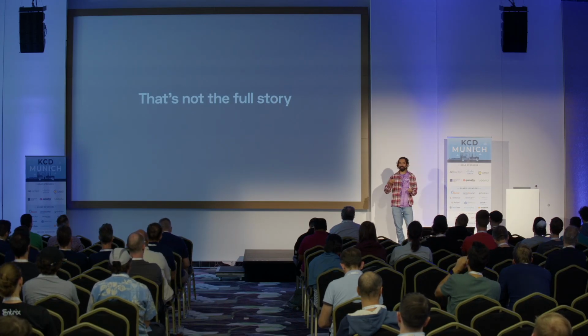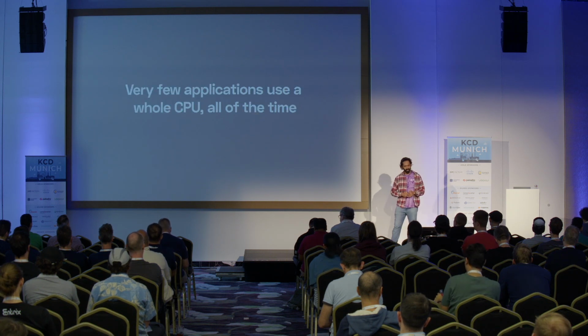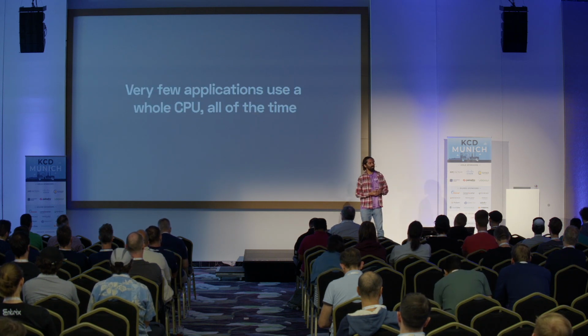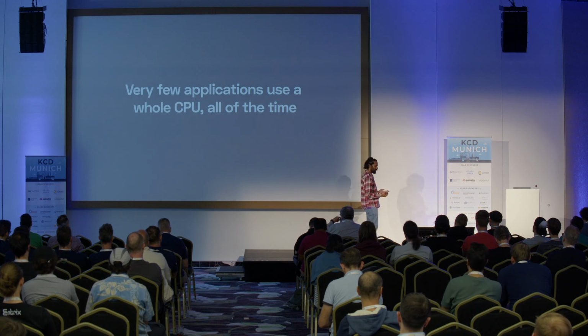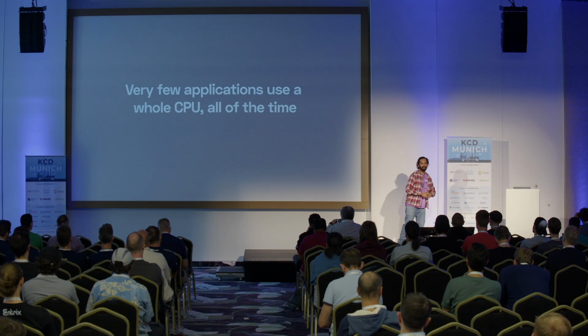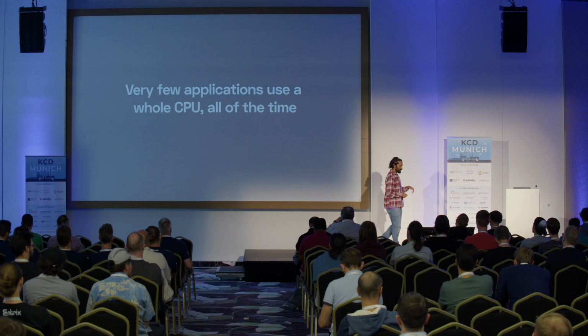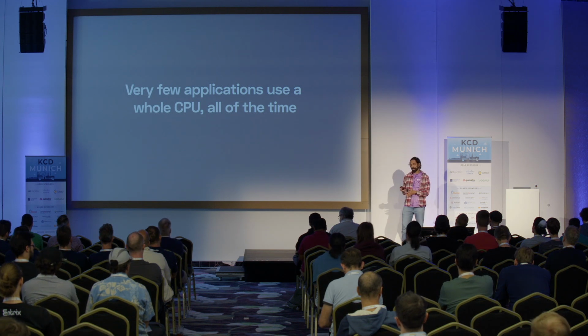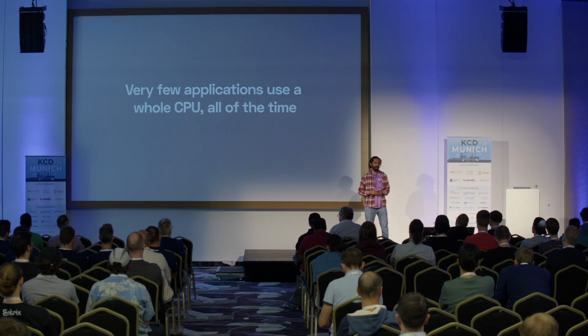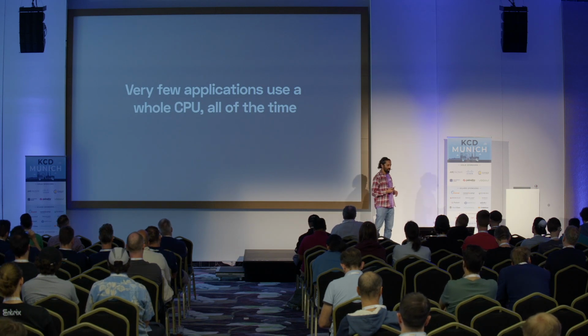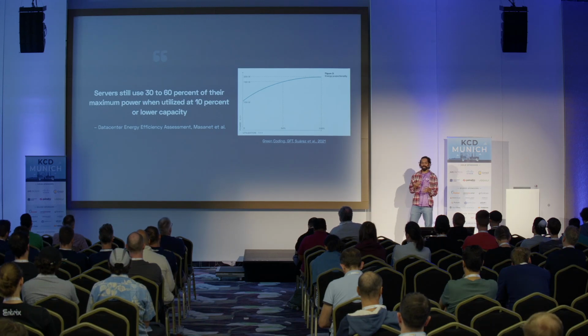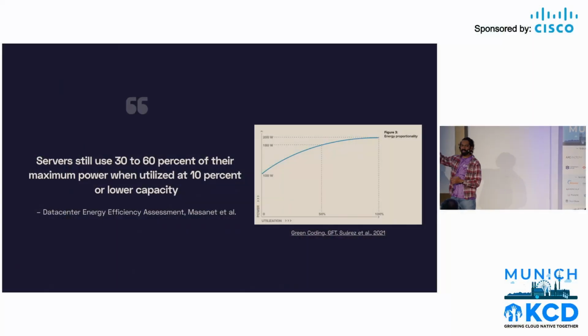As people working in Kubernetes and cloud native, we know that very few applications actually use your whole CPU all of the time. Especially if you're in the cloud, you're using a fraction of something that's already running. In fact, understanding this aspect is one key towards being more carbon aware and being more sustainable, because there is something counterintuitive: at 100% utilization, you have 100% power of a server, but that doesn't mean at 0 utilization, it's consuming 0 power.